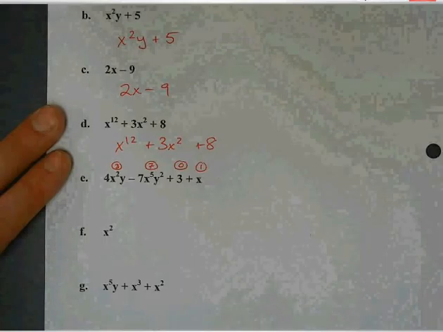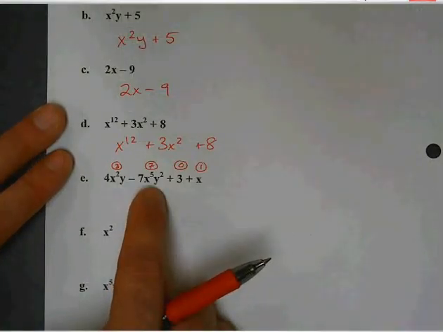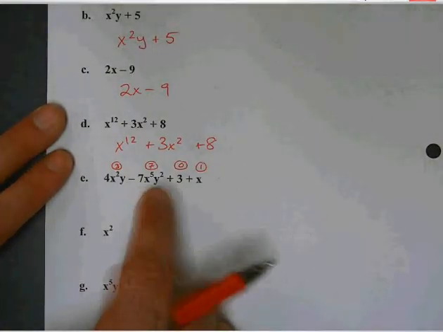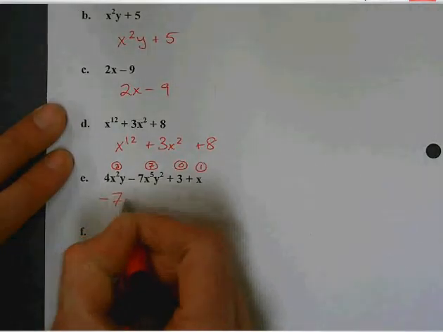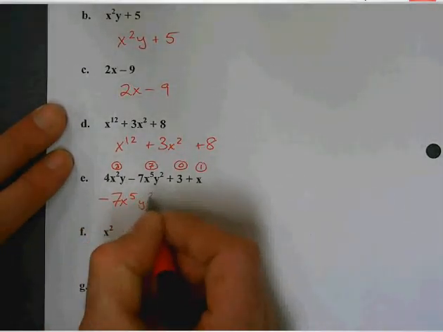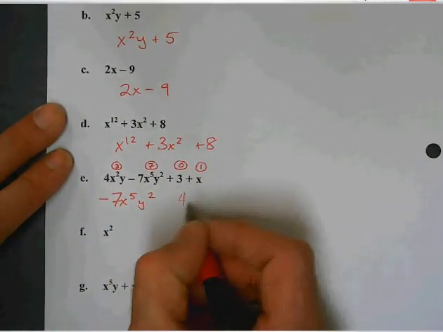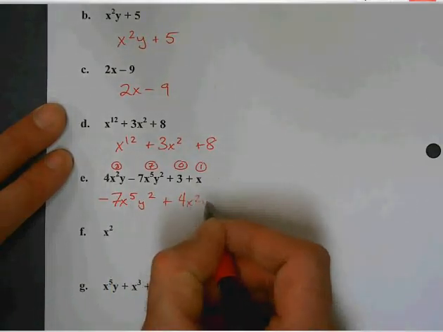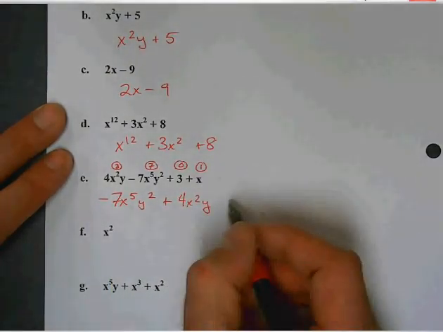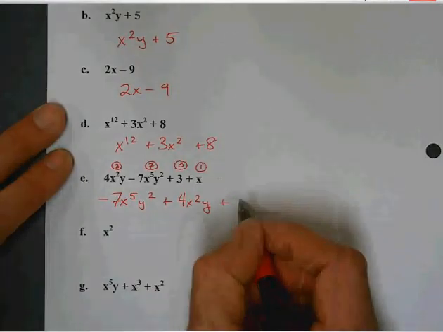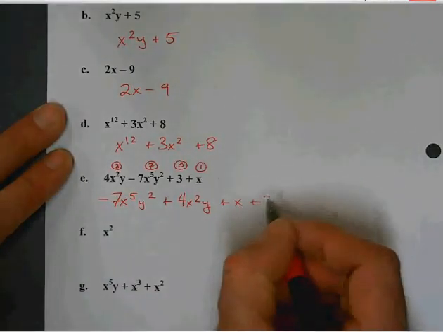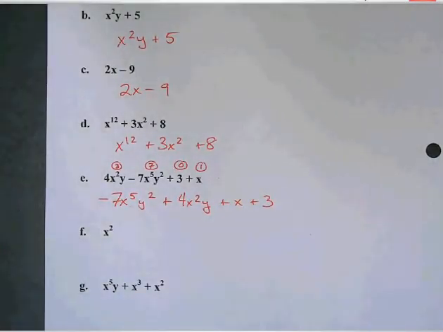When you put that degree 7 in the front, what goes with it? A negative. So, negative 7x to the 5th, y squared. Then what? 4x squared y. Then what? Plus x plus 3. Now we're in standard form.